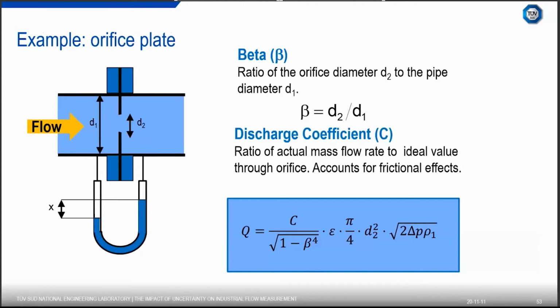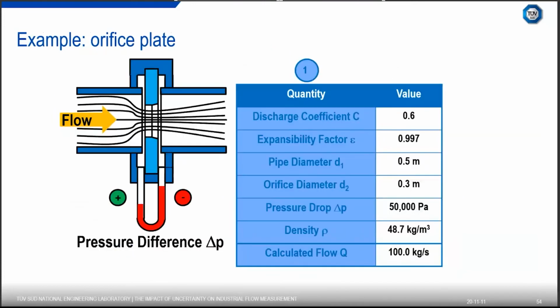Your discharge coefficient C, your beta because it's D2 over D1, your expansibility factor, D squared, delta P, and the density, the upstream density. All of these values will have uncertainties associated with them, and we need to work out how this contributes to our overall uncertainty in mass flow rate. If we go through the steps we talked about previously, the first is to identify all the parameters that will have an uncertainty contribution.